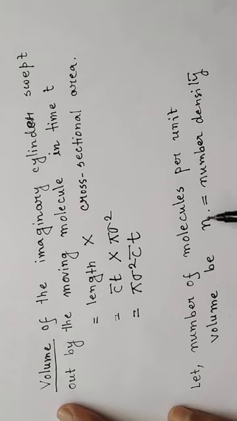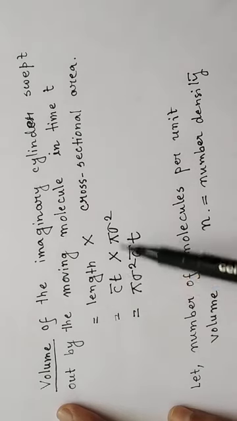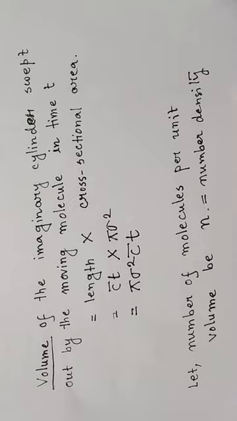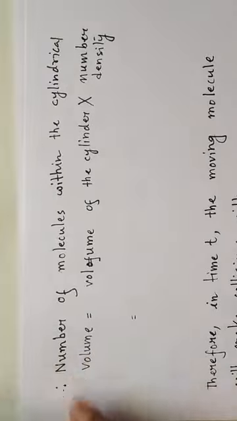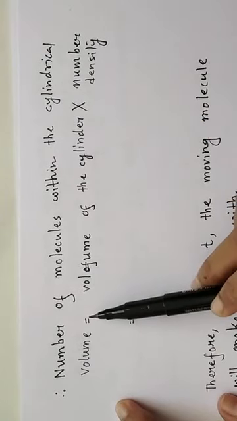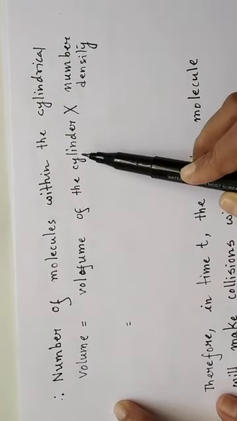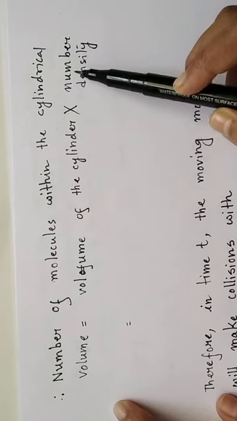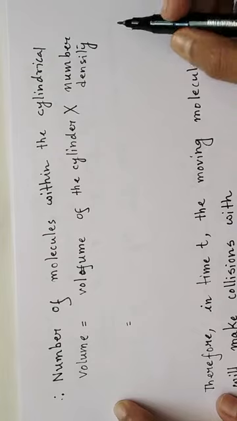Then how many molecules will be contained within this cylindrical volume? The number of molecules within the cylindrical volume will be equal to the volume of the cylinder multiplied by the number of molecules per unit volume, or number density.